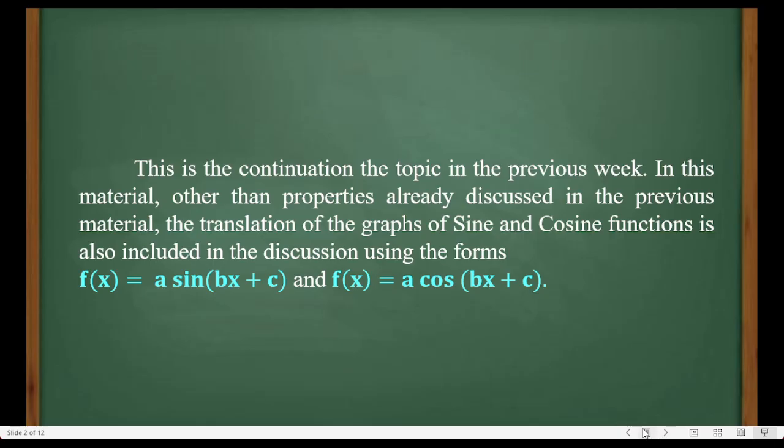Now this is actually the continuation of the topic in the previous week. In this material, other than the properties already discussed in the previous material, the translation of the graphs of sine and cosine functions is also included in the discussion, using the forms f of x equals a sine of the quantity bx plus c and f of x equals a cosine of the quantity bx plus c.